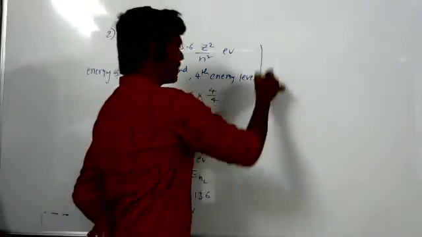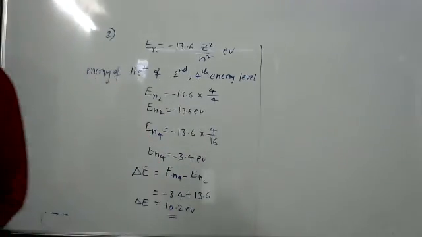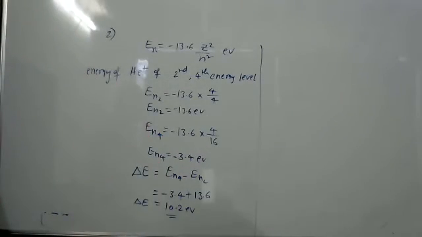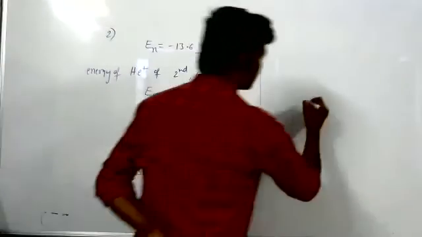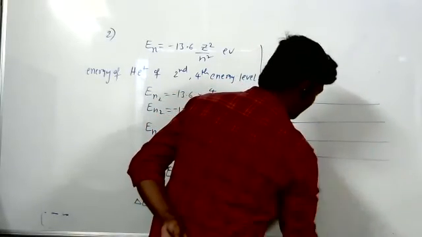But in the hydrogen spectrum, where do we get this energy difference, 10.2 electron volt? Once you go to the hydrogen spectrum, I give the line energies. N2 to 1, sir. N1 and N2, yes, correct.